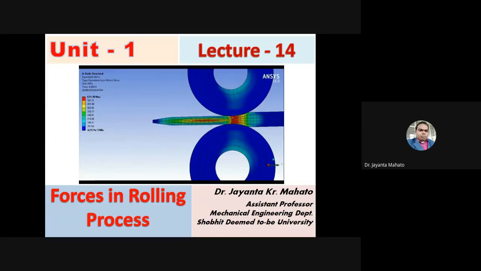Here in the contact zone, in this zone, the color is red. Okay. This is actually a simulated animated view, a simulation of a rolling process. Okay. So from this simulation, this is the contact zone.